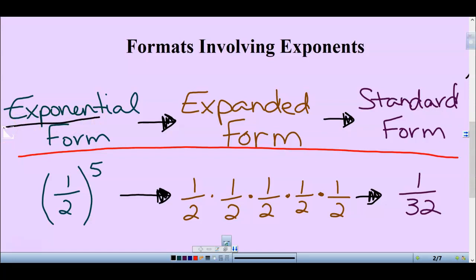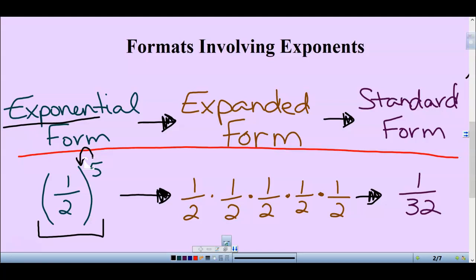Okay, so for example, if I have 1/2 to the 5th power, writing it using that exponent of 5 is in exponential form. If I were to expand it out, again, the exponent tells us how many, so there are 5 values that are inside the parentheses here, which is 1/2.